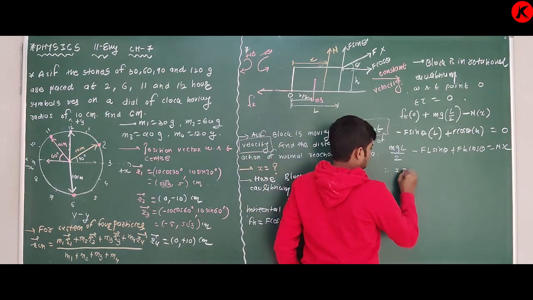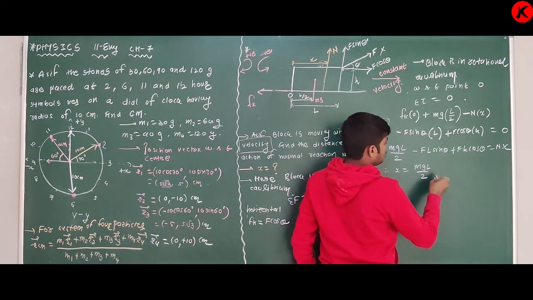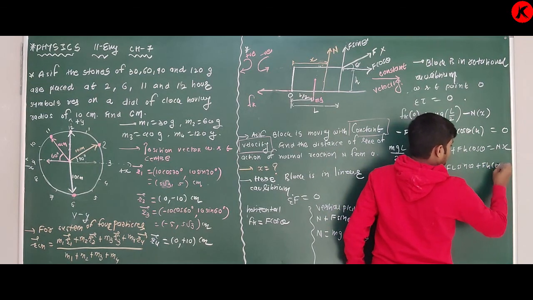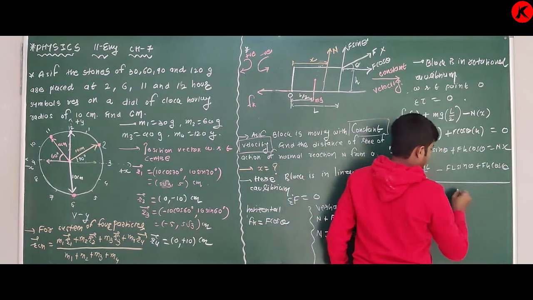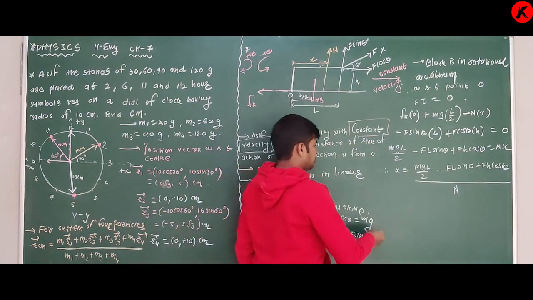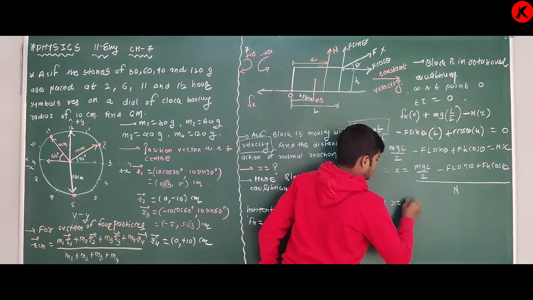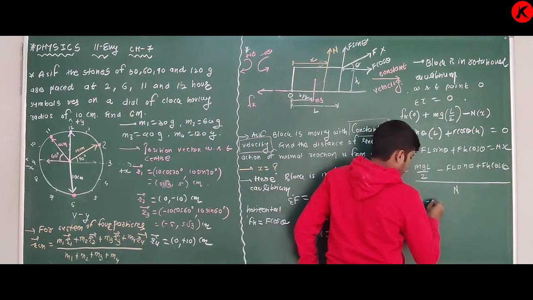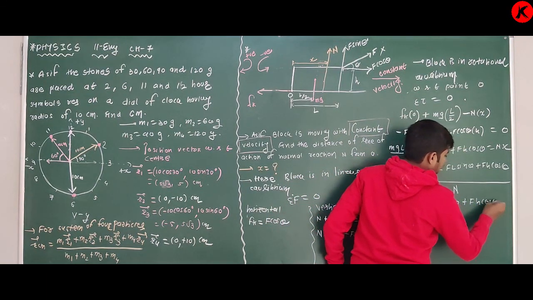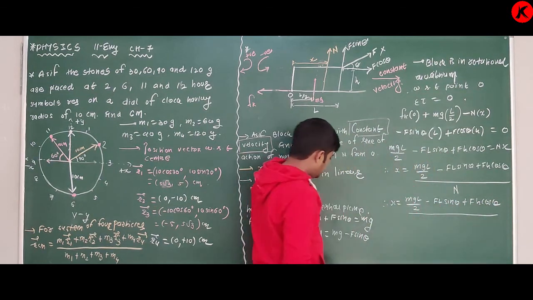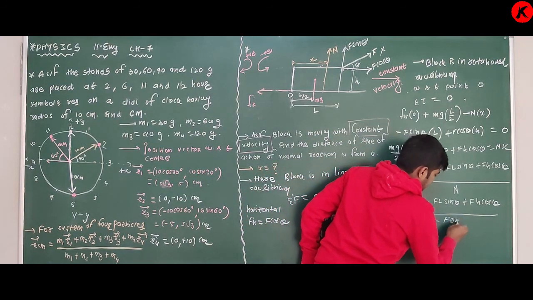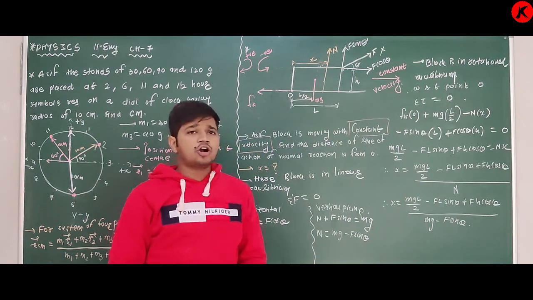So x is equal to mgL by 2 minus FL sin theta plus FH cos theta divided by N. Now see, N is equal to mg minus F sin theta. So replace N: x is equal to mgL by 2 minus FL sin theta plus FH cos theta divided by mg minus F sin theta. And yes, it is your answer.